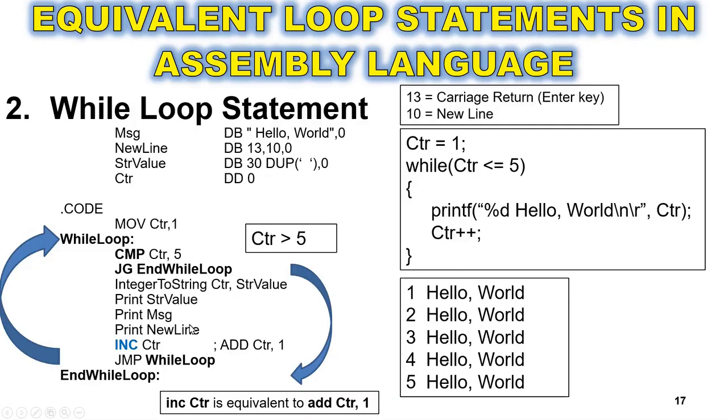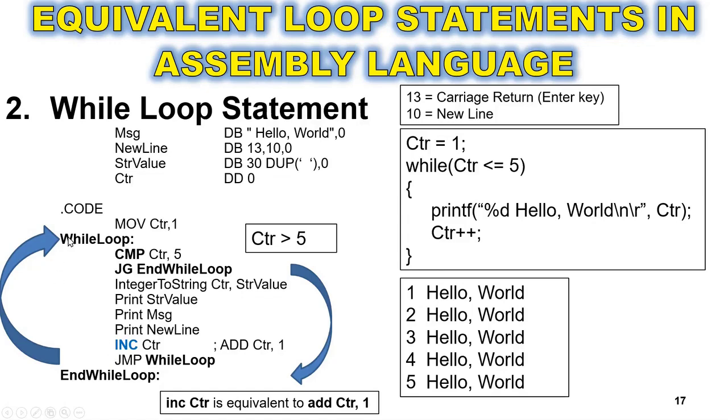So the present value of CTR will now be added by 1, and it becomes now 2. So this control variable CTR contains 2, and then the next command is the unconditional jump JMP to that label while loop.